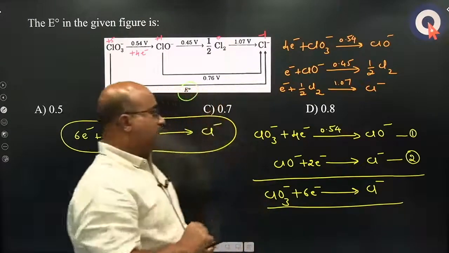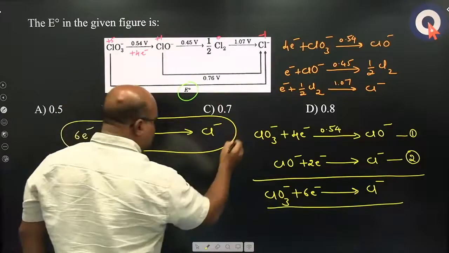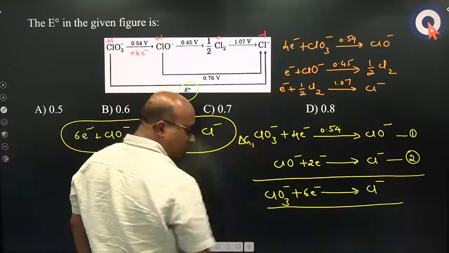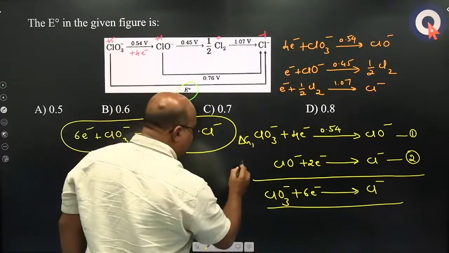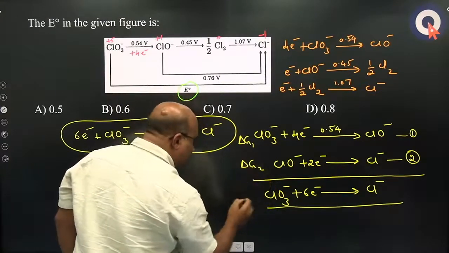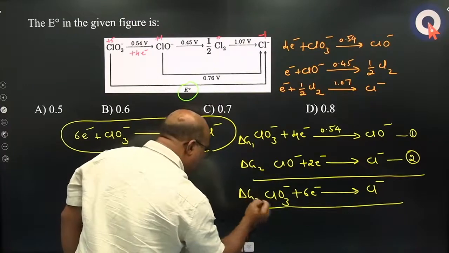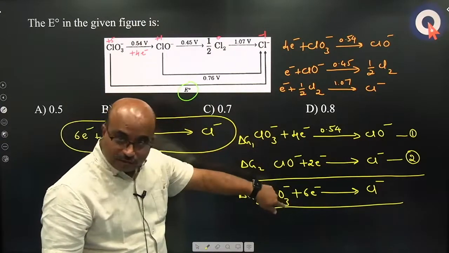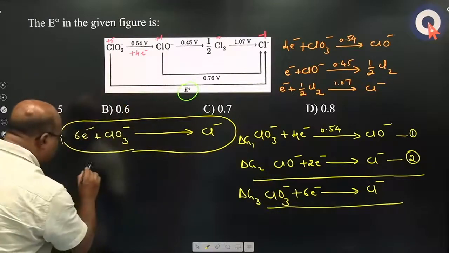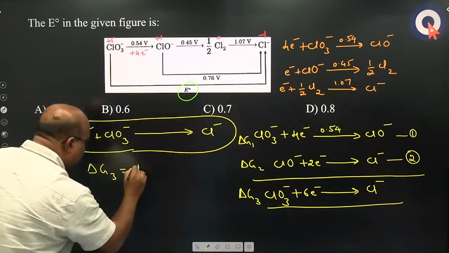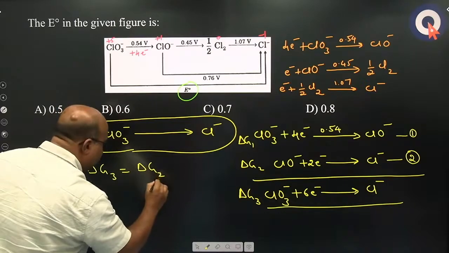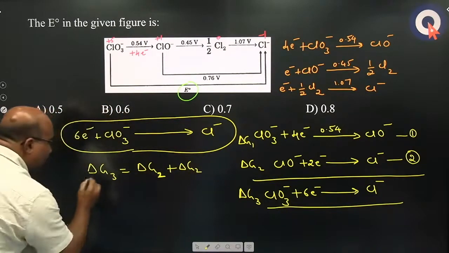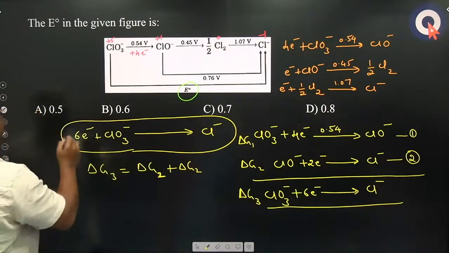So what is delta G for this reaction? We assume delta G for this reaction as delta G1, for this reaction as delta G2, and for this reaction as delta G3. Since we are adding these two reactions to get this, delta G3 will be nothing but delta G1 plus delta G2.